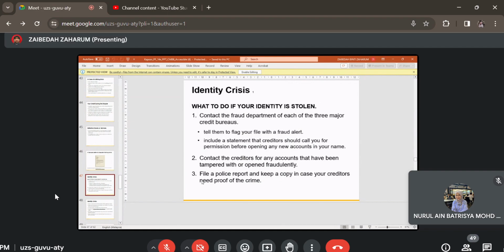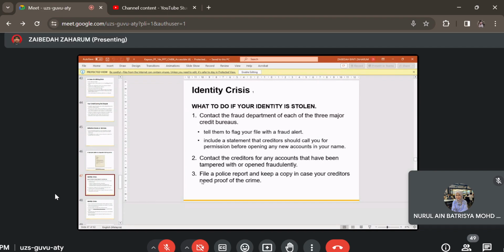Tell them to flag your file with a fraud alert, and then include a statement that creditors should call you for permission before opening any new accounts in your name. And then you have to contact the creditor for any account that has been tampered with or opened fraudulently, and then file a police report and keep a copy in case your creditors need proof of the crime.